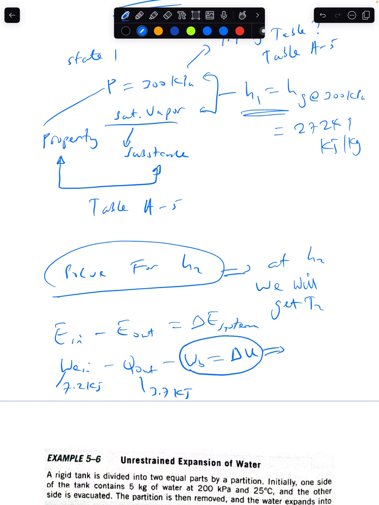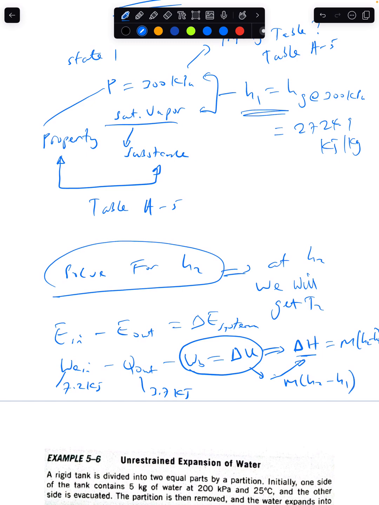It gives me a value of what? Change of enthalpy, which is what? M into H2 minus H1. Remember this is change of enthalpy. So in that case, I have this as M into H2 minus H1.